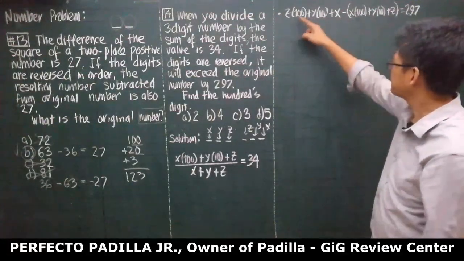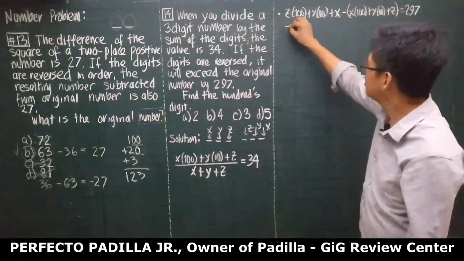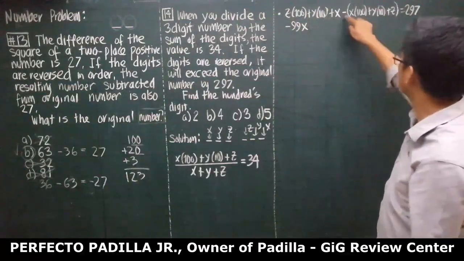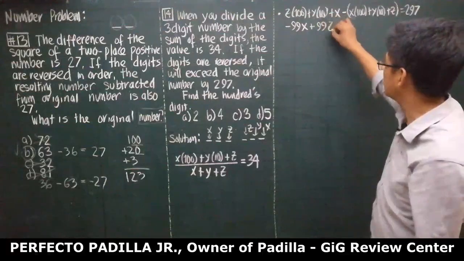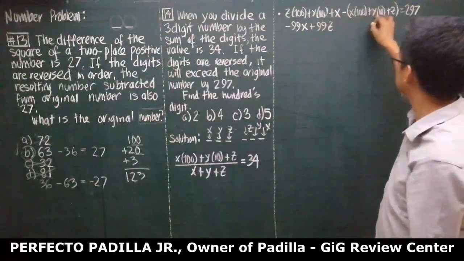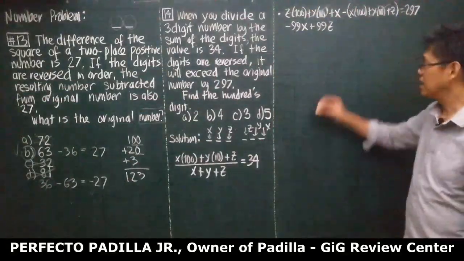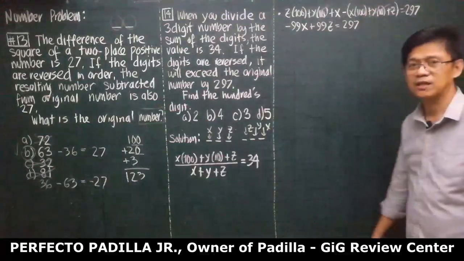This is minus 100x plus x, minus 99x, 100z minus z, this would be 99z, 10y minus 10y, y will cancel. And this is going to be 297.